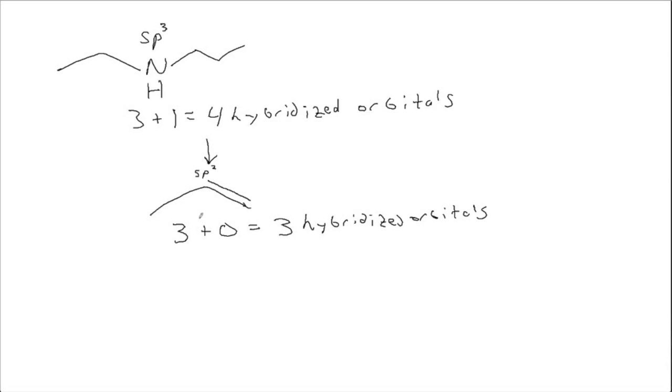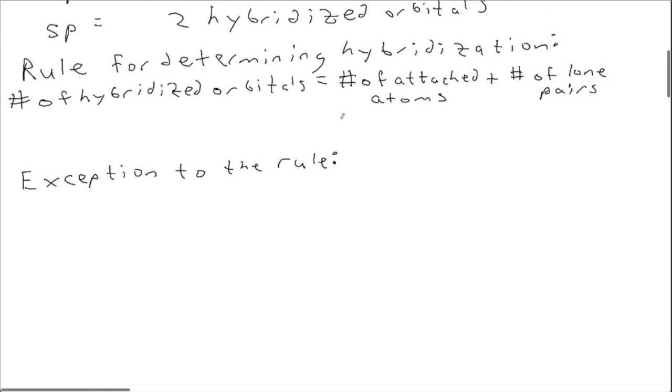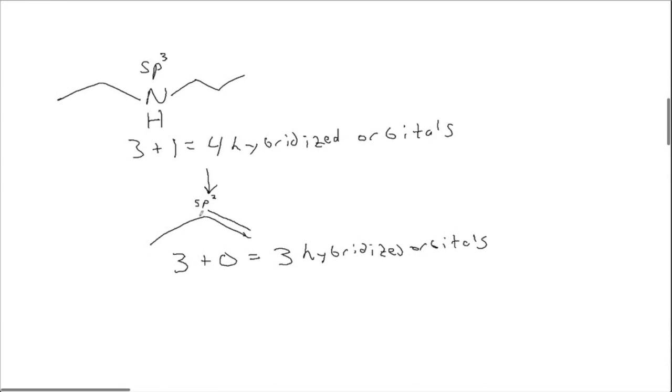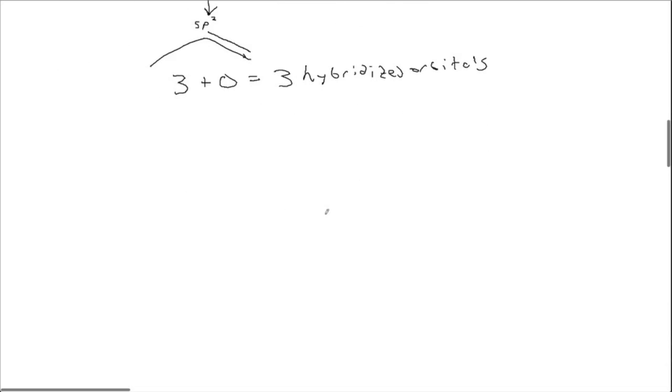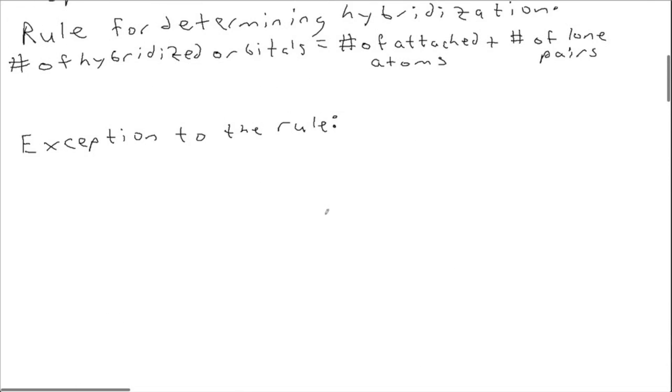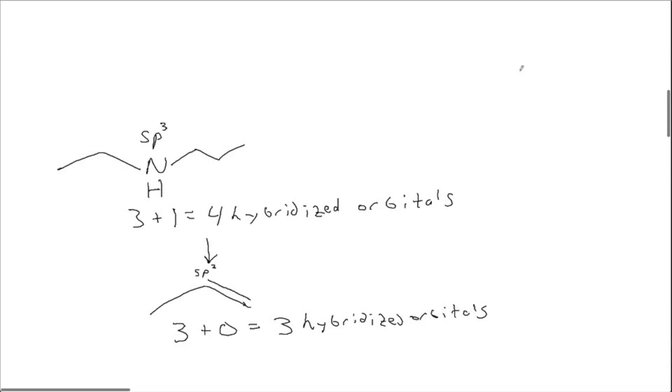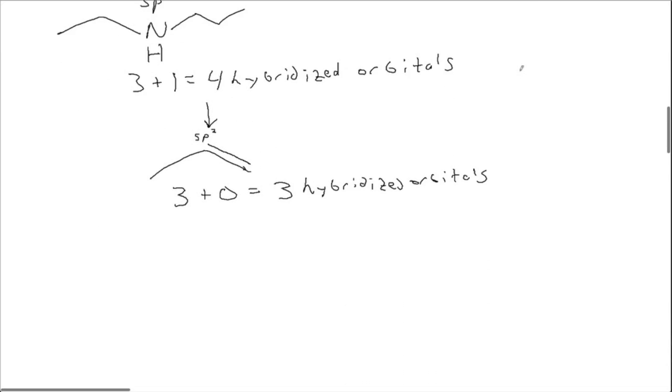So it has 4 bonds, but I didn't write the number 4 down here. We're not counting the bonds, we're counting the attached atoms. So that's the rule we'll be using. The number of hybridized orbitals is equal to the number of attached atoms plus the number of lone pairs.